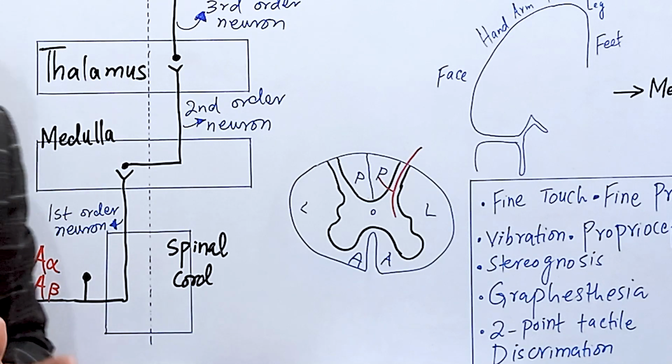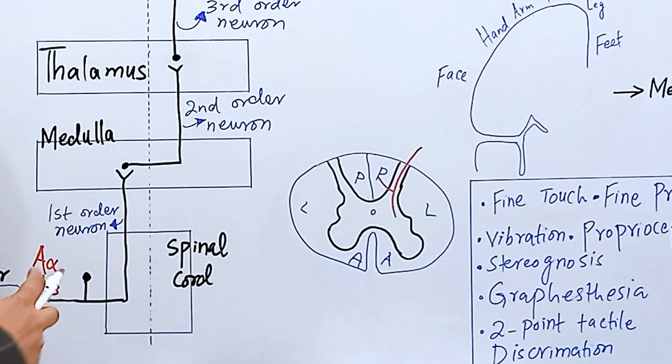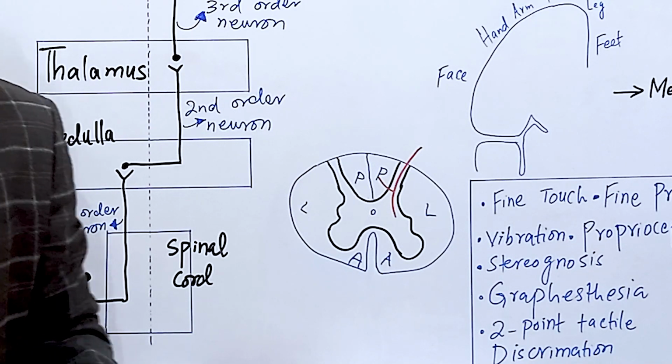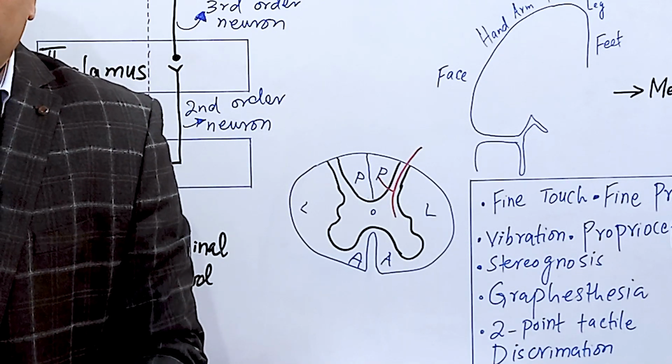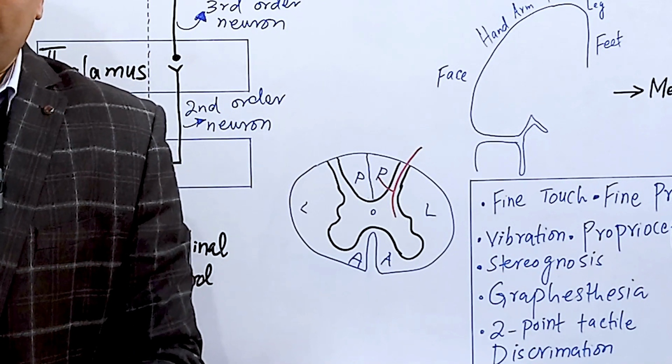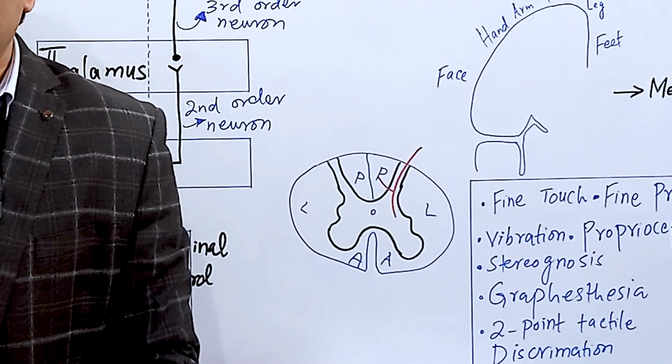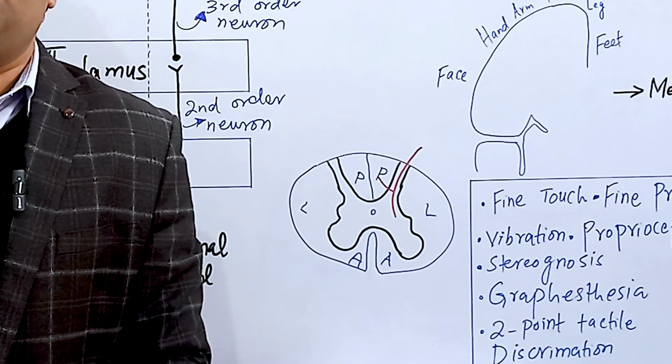The signals from the lower part of the body ascend upward medially and the signals from the upper part of the body ascend upward laterally. For example, the signals from the leg are accumulated on the medial side of this dorsal column pathway, and the signals from our upper limb are accumulated laterally.